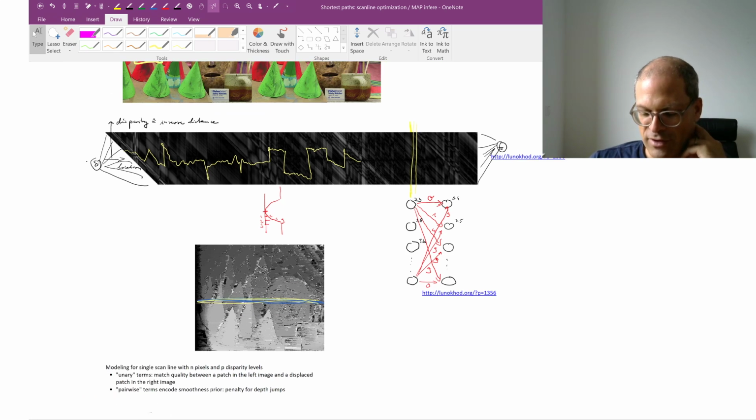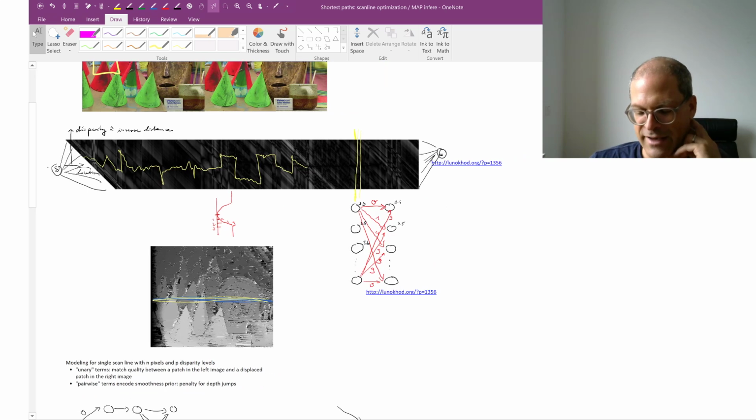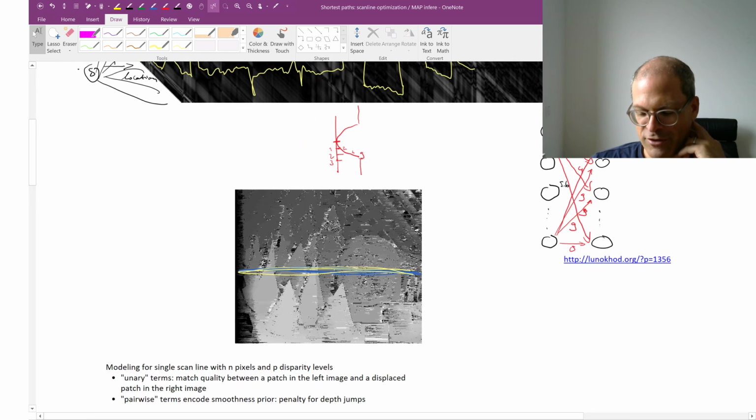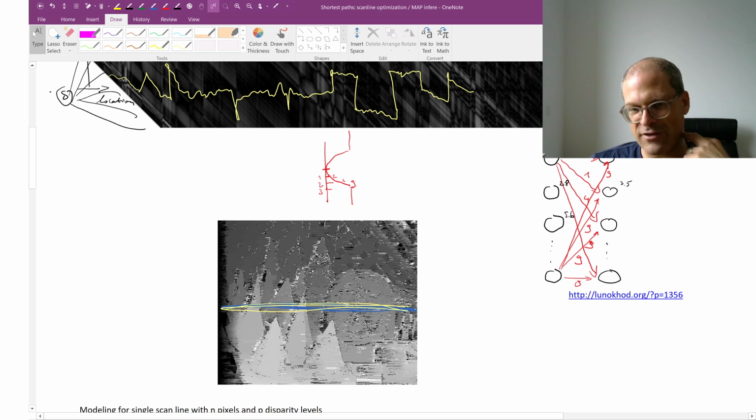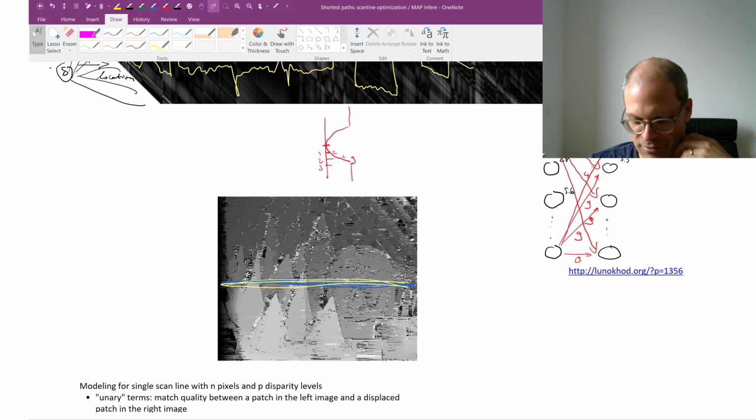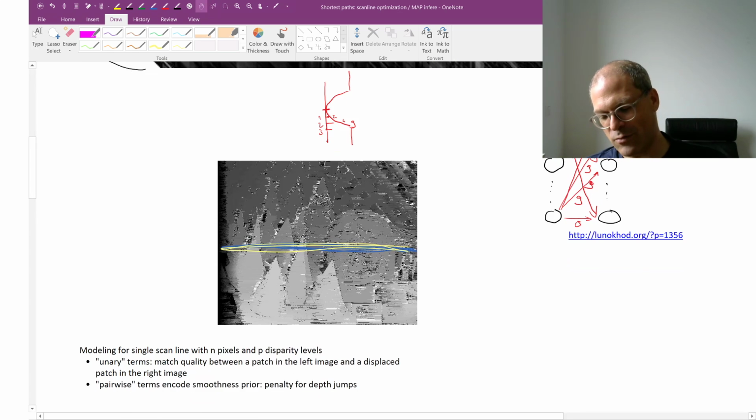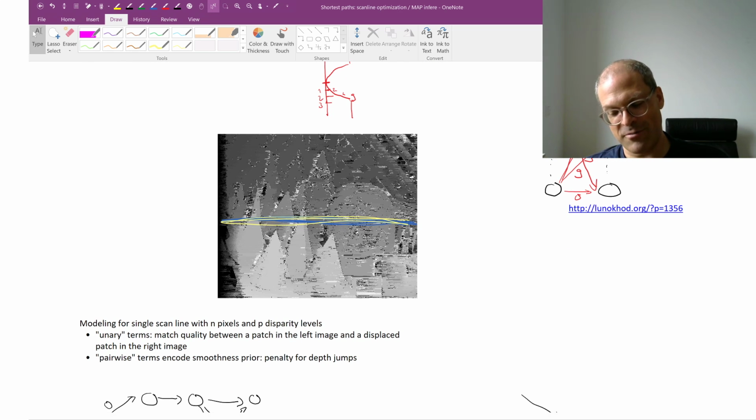Good. And now we can do that for each line in the image, and we get something which will at least be somewhat smooth in the X direction. We still see a lot of noise in the Y direction. So then one can say, all right, why not do the same thing that we've just done with the smoothness priors?